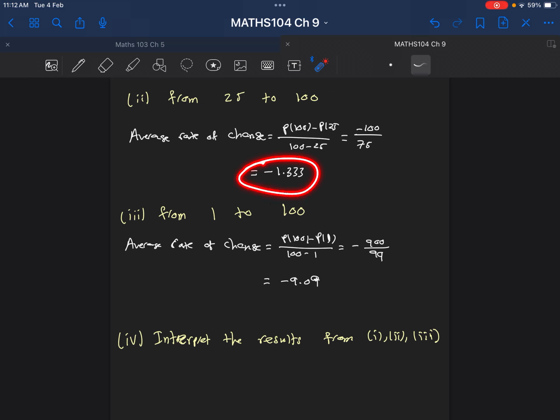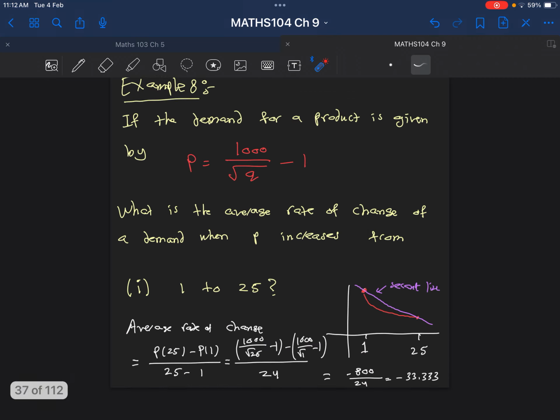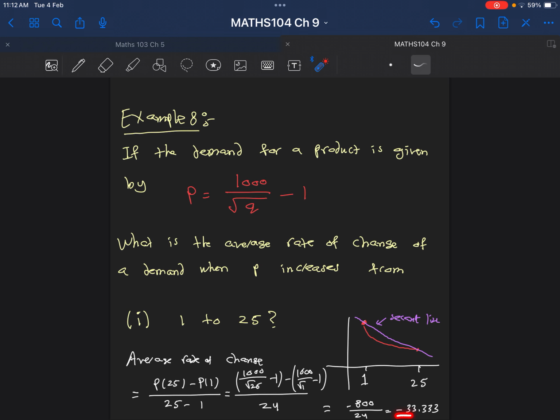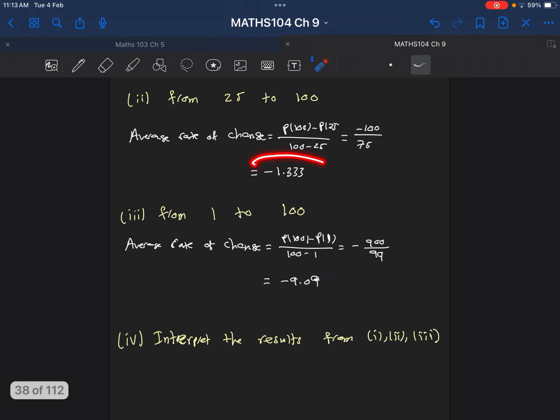Similarly here, for each increase in the product, the price will change by negative 1.33, and we can see here that for every increase in the quantity between 1 and 25, the price will drop by 33.3.